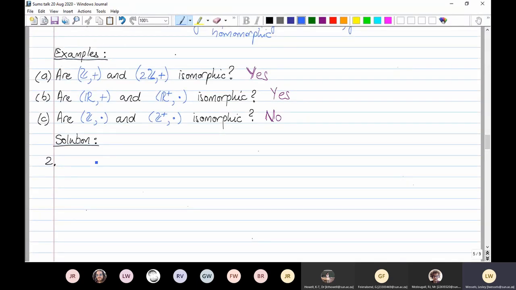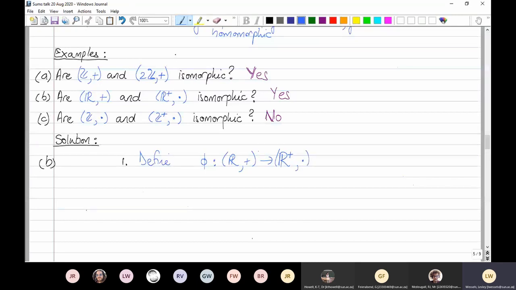So let's define phi from R to the positive real numbers.